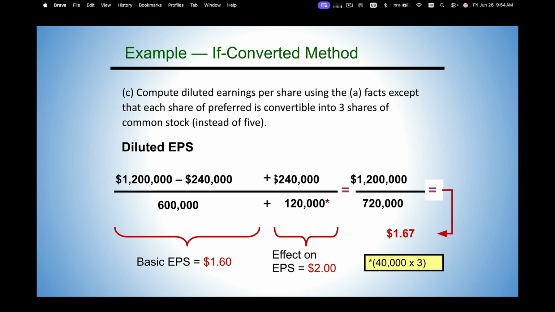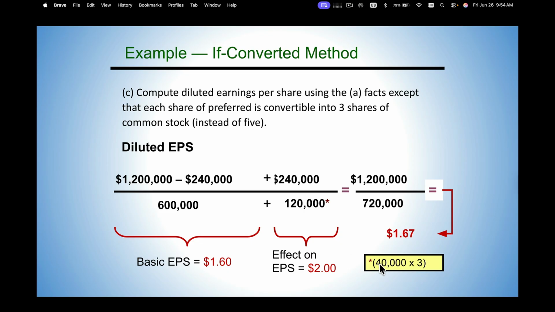In this one, if the shares are only convertible into 3 shares of common stock instead of 5, then we go through it and we see that we have the same basic earnings per share, and we get rid of the preferred dividends. So we add that $240,000 back.